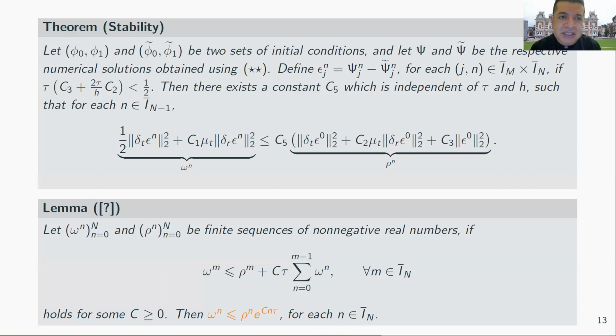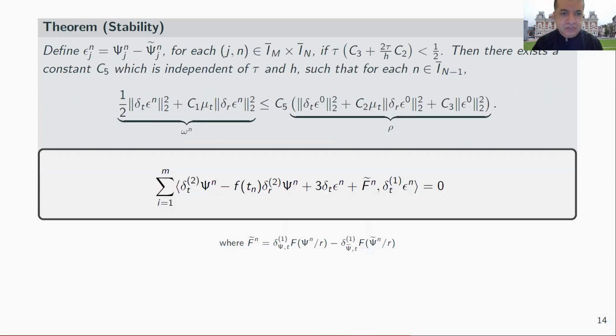Let's review the stability. For the stability, we will use Gronwall's inequality given by this lemma. So the main idea of this theorem is to associate this part of the inequality with W n, and this part of the inequality with rho, corresponding to the Gronwall inequality. Let's start performing this inner product.